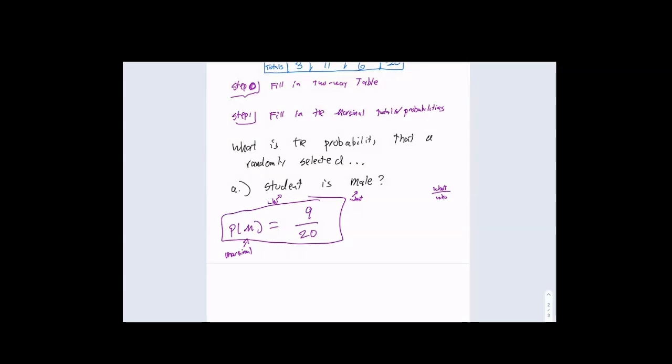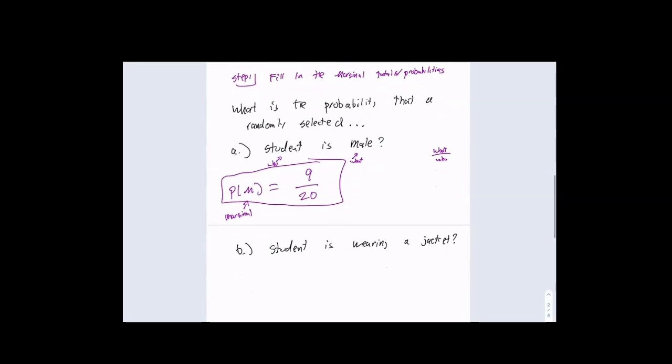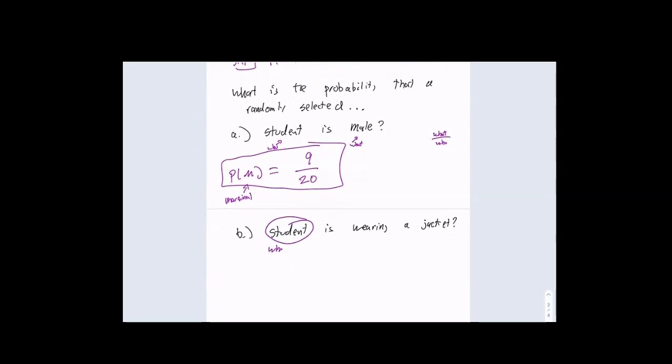What is the probability that a randomly selected student is wearing a jacket? Okay. Once again, my population, who I'm asking about, is students.